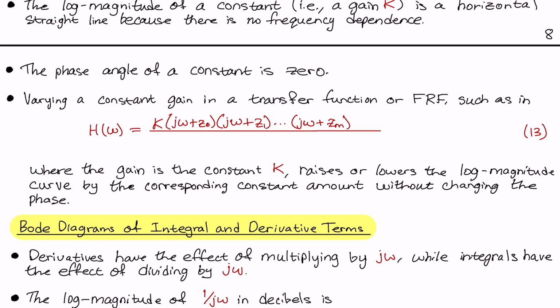And then in the denominator, we're going to have j omega plus p0 times j omega plus p1, dot, dot, dot, j omega plus pn for our nth pole. In this case, this constant K is what we call the gain, and it simply is going to raise or lower the log magnitude by the corresponding constant amount without changing the phase.